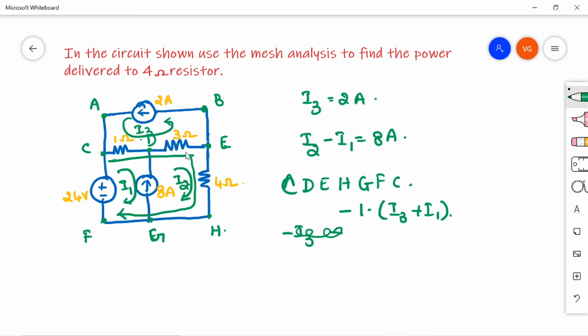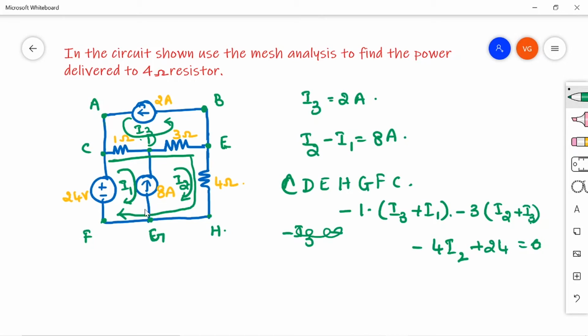Again here coming to 3 ohm, in this I have I2 and also I3, both going in the same direction. Again you can take minus 3 into I2 plus I3. Coming to 4 ohms resistor, I have only I2, so minus 4 I2. Again from here minus 2 plus 24 volts is equal to 0.